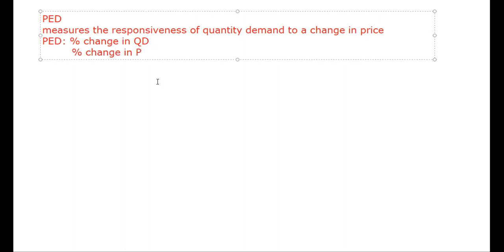This is how we calculate PED. Here we have a division sign. PED is the percentage change in quantity demanded divided by the percentage change in price.